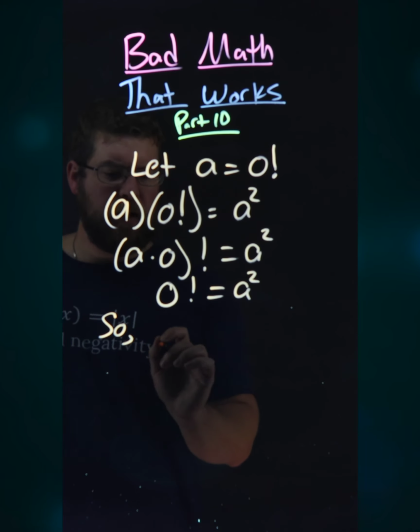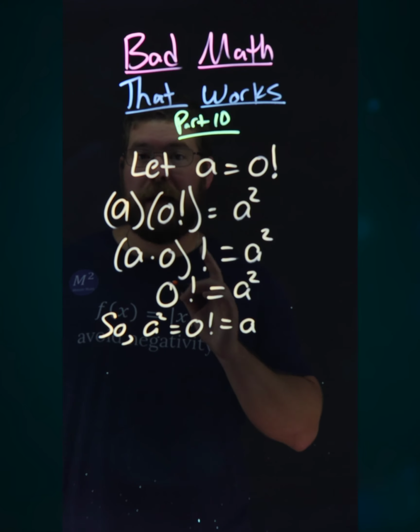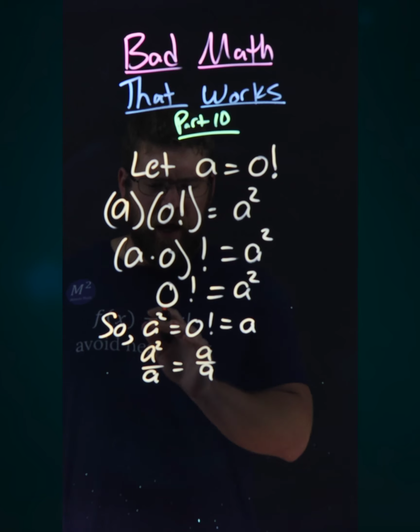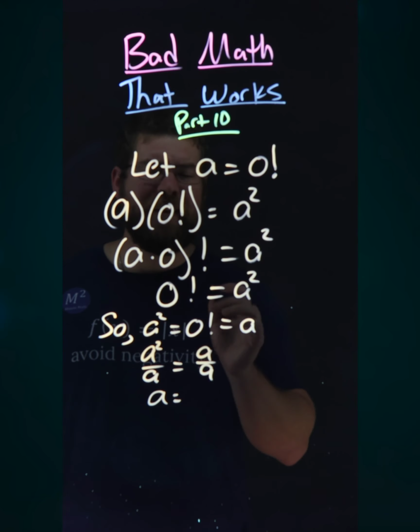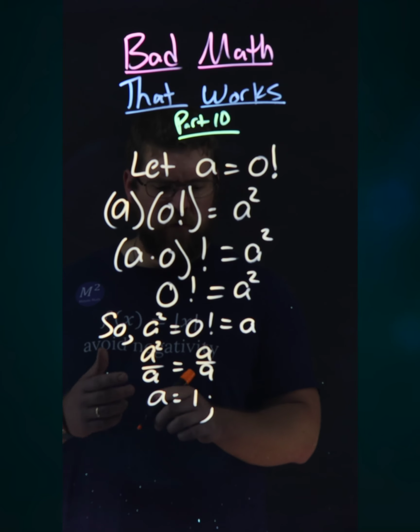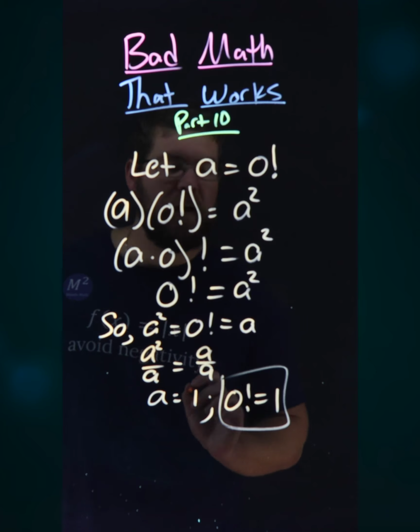So what does that tell us? A squared is equal to 0 factorial, which is also equal to a. A squared over a is equal to a over a then. A squared over a is equal to a, and a over a is a 1. Meaning also then, if a is equal to 0 factorial, so 0 factorial then equals 1. And there you have it.